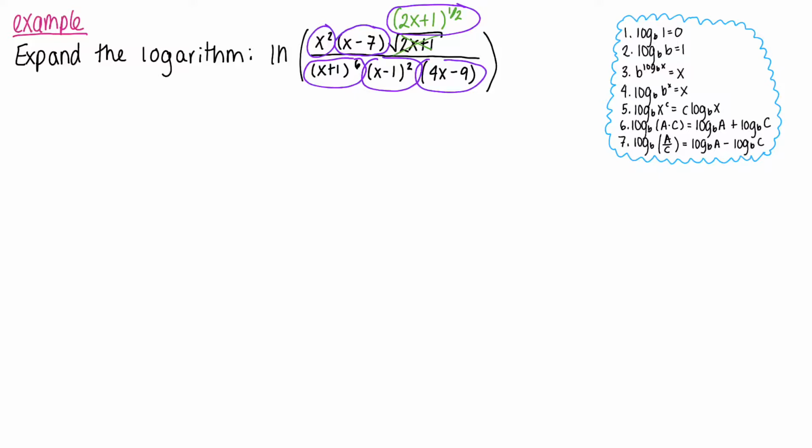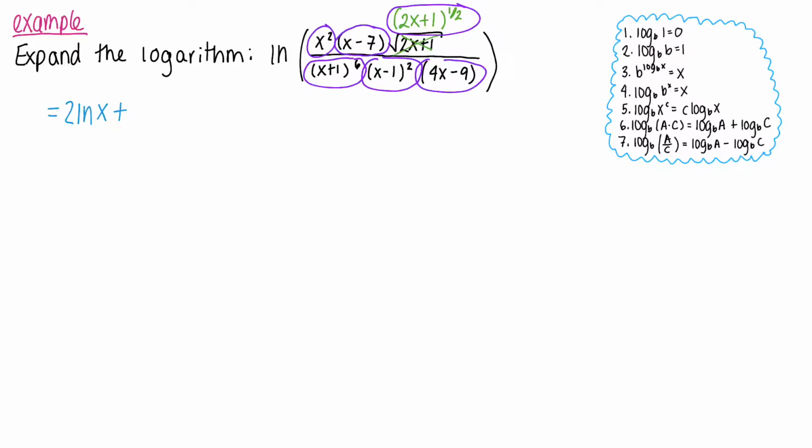I'll start here. So it's in the numerator, which means it's going to be positive. And then he has an exponent of 2, so I'll bring the 2 down in front. He gets an ln, and then the base is x. For my next one, he's in the numerator, so it'll be a plus sign.